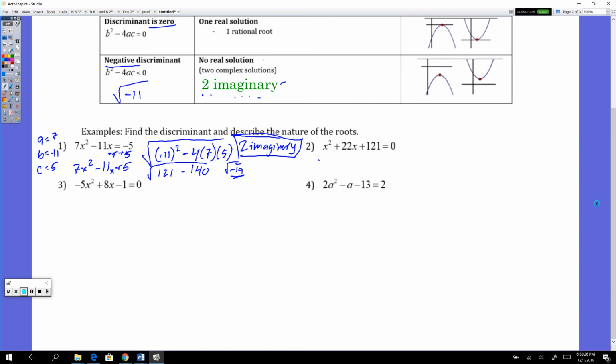So for this one here, A is equal to 1, B is equal to 22, C is equal to 121.